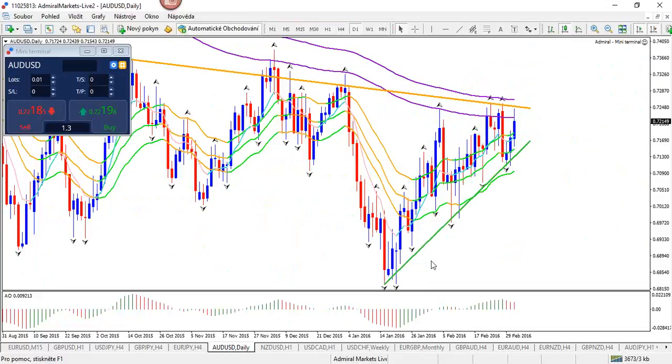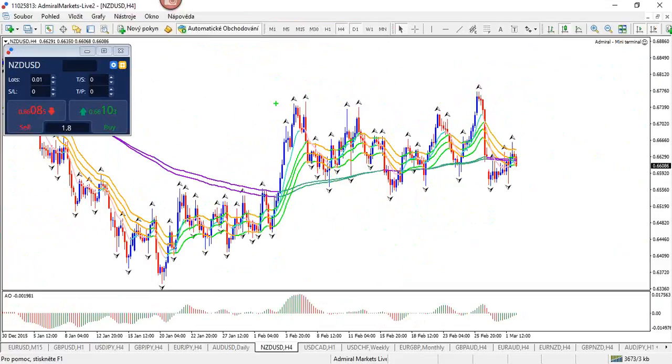Kiwi, well, big fall yesterday and making this channel, but I would say the channel we had yesterday on the chart was like this. Oh, there we go. Well, anyhow, you get the point. 4-hour chart. Oh, this is a 4-hour chart.